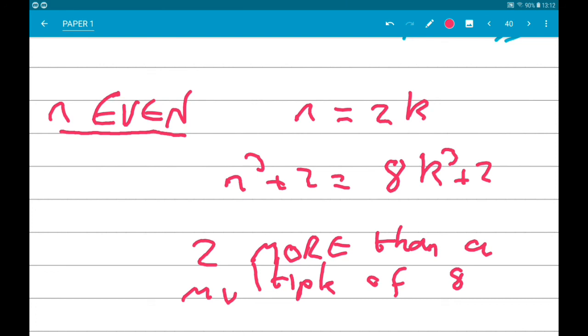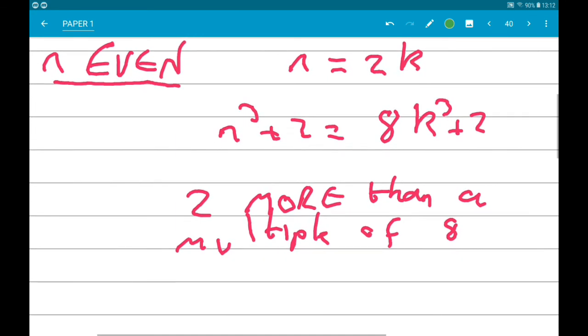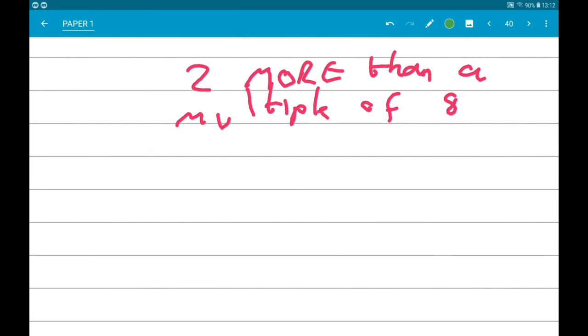Now let's do odd. So, when n is odd, we can say that n is 2k add 1.